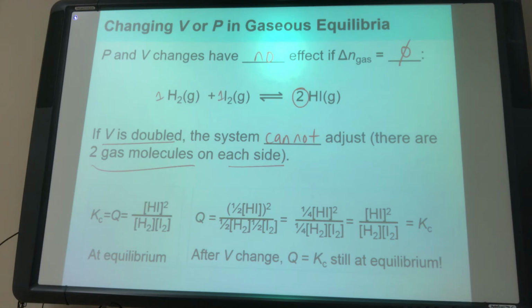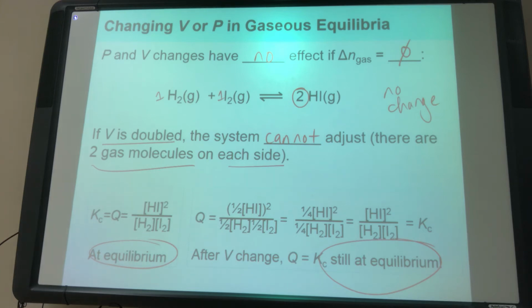So I was at equilibrium, I screwed it up by changing the volume, but I'm still going to be at equilibrium. So if they're the same amount, you just say no change. It's not going to shift either way. If there's not one side with more molecules, it's not going to shift one way or another. Okay?